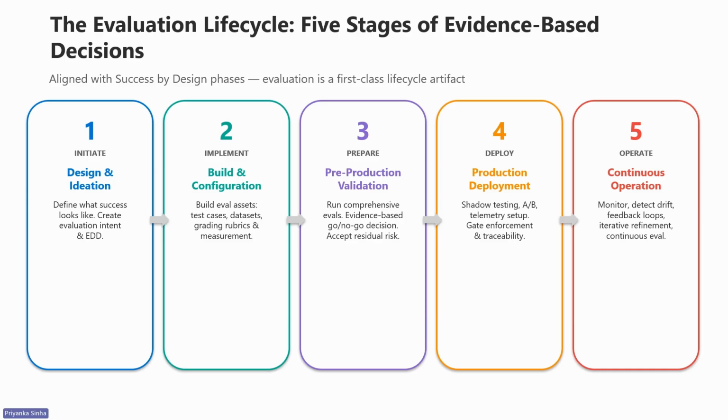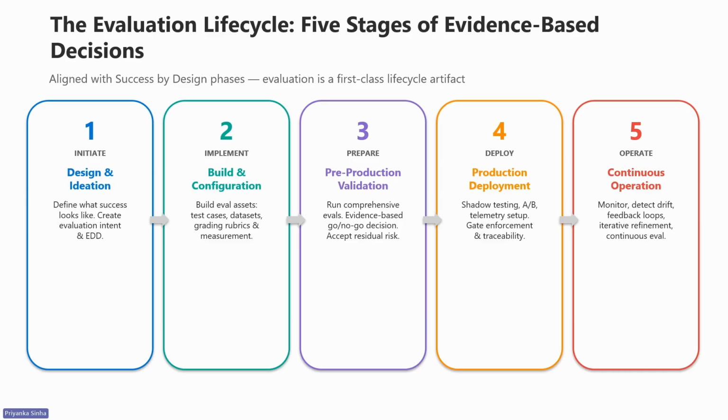go no go decision. And then stage four is deploy, like in production. This involves shadow testing, experiments, telemetry setup, and then enforcement and traceability are essential here. Now, the next phase, last phase is stage five, operate, which is continuous operation.